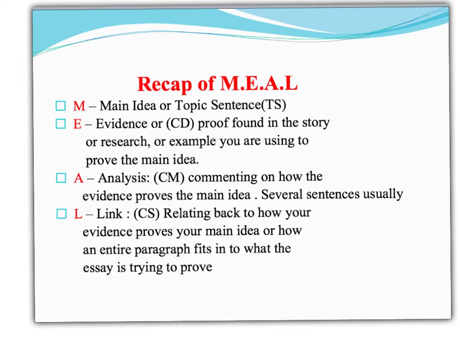And then last, your last sentence of the paragraph is a link or a CS relating back to how your evidence proved your main idea or how an entire paragraph fit into the main idea that you're proving for a whole essay, if this paragraph was part of like a multi-paragraph essay.